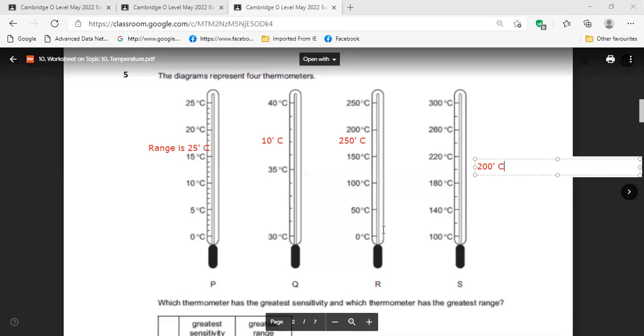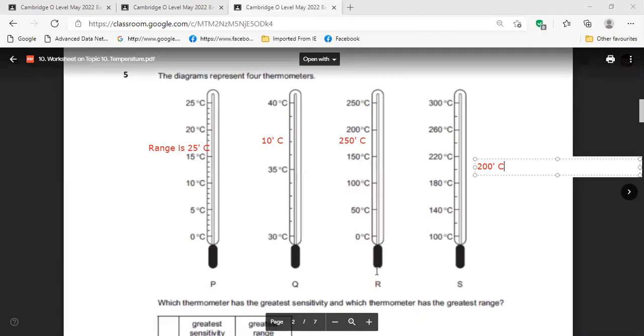So this one is least sensitive, and this one is better than R, more sensitive, but not like P or Q. Q is most sensitive, then P, then S, then R. Is it clear now?